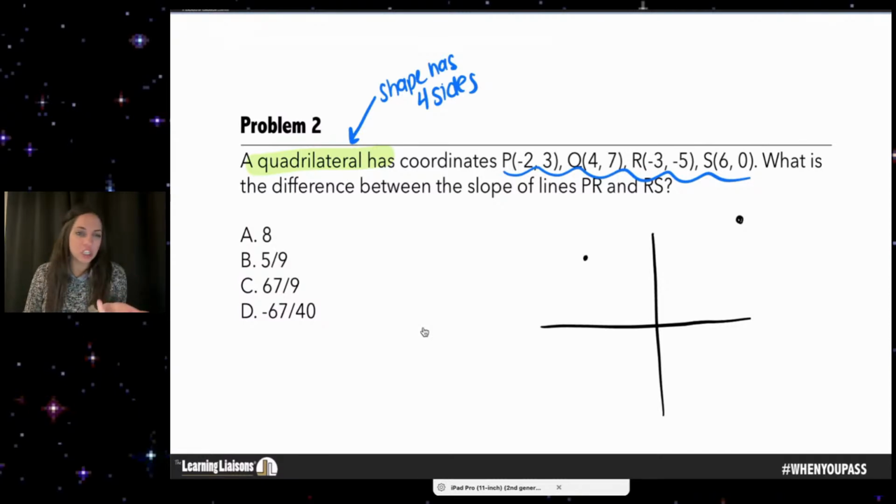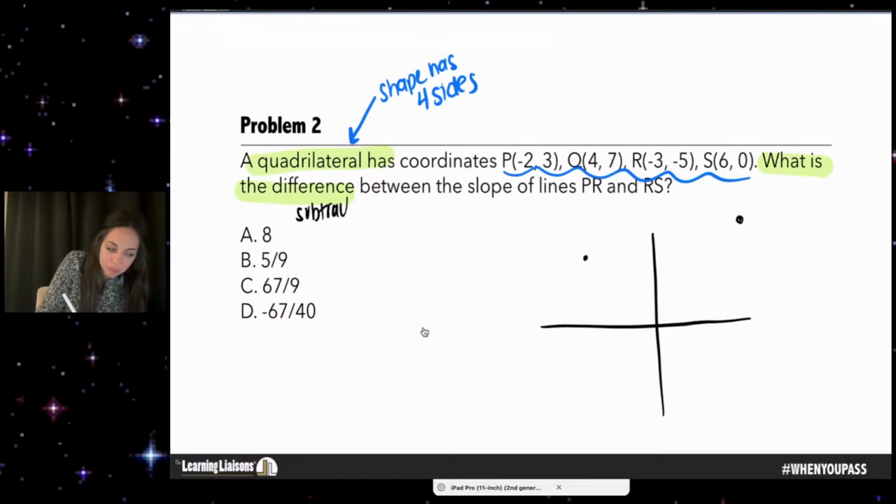Now, if you want to graph it just to see what it looks like, you can. But what did the question ask? Again, it's important to look at what the question is asking. What is the difference? Which means I'm doing a subtraction problem between the slope of lines PR and RS.